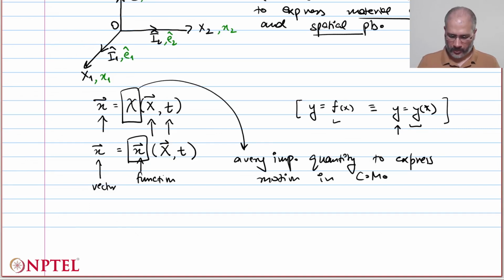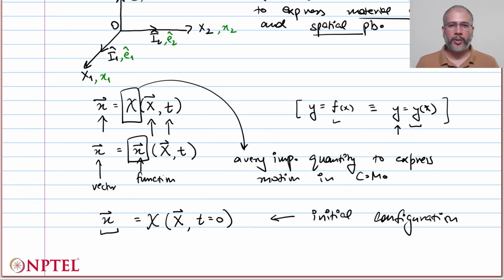Now let's see what happens if you try to find the function chi at time t equal to 0. So this basically gives us the position of all the points at t equal to 0, and that is exactly what we call the initial configuration.